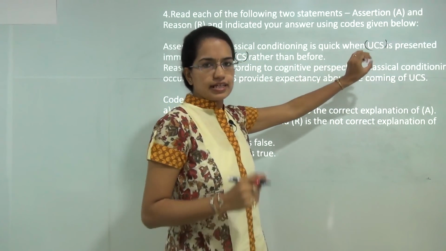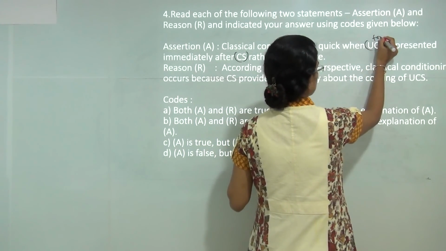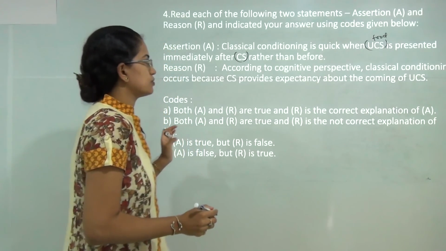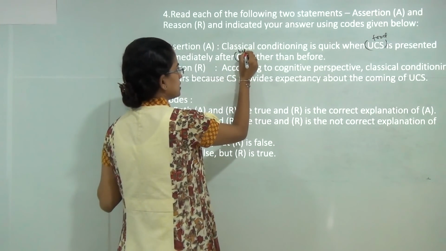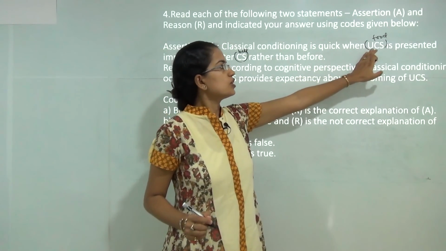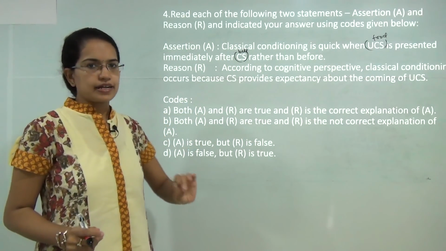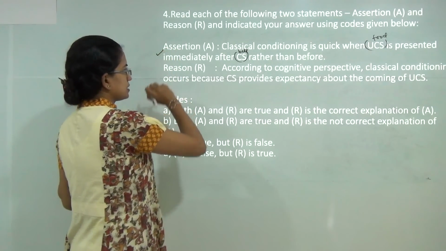Let's take the Pavlov example and substitute the words here. You have food, that is the unconditioned stimulus, and bell, which is the conditioned stimulus. So classical conditioning is quicker if food is presented immediately after the bell rings. So that is a correct statement.